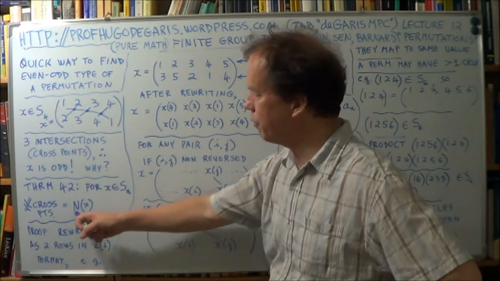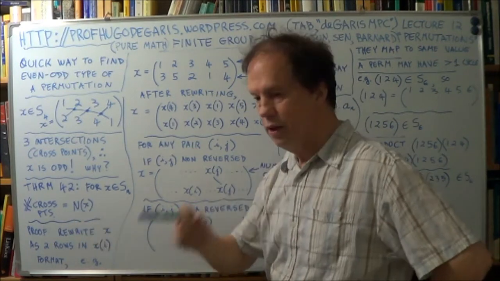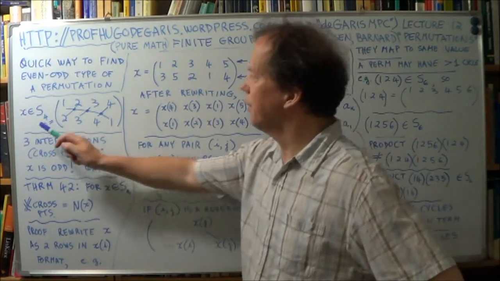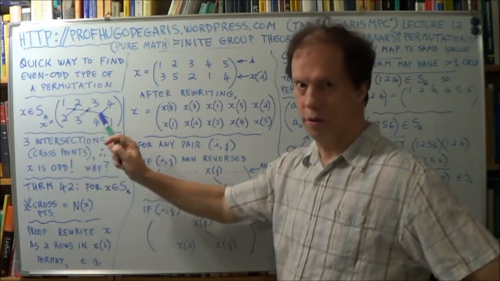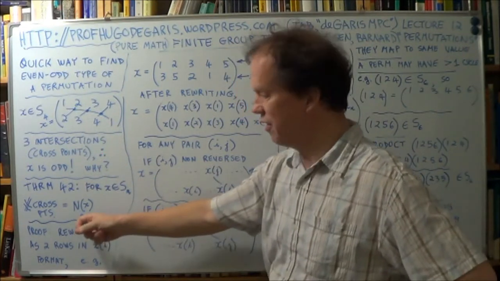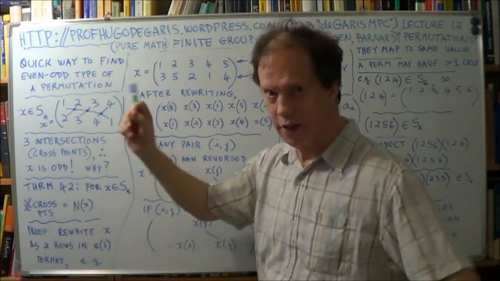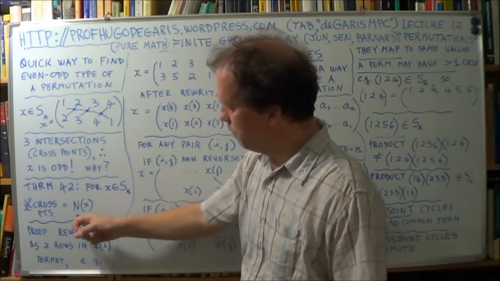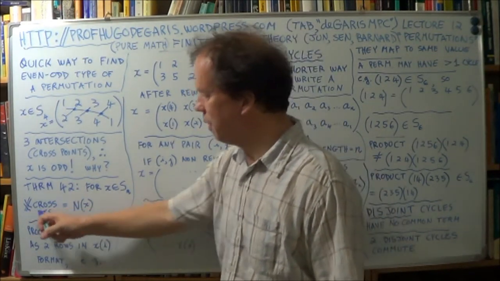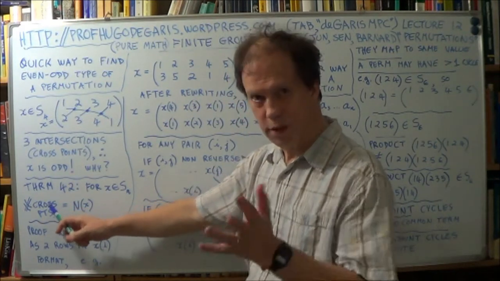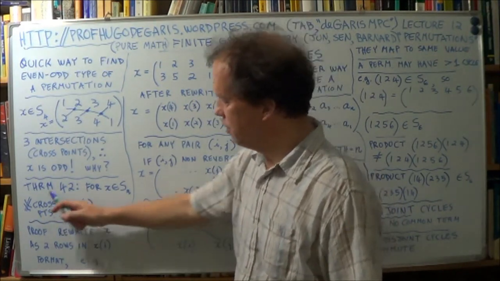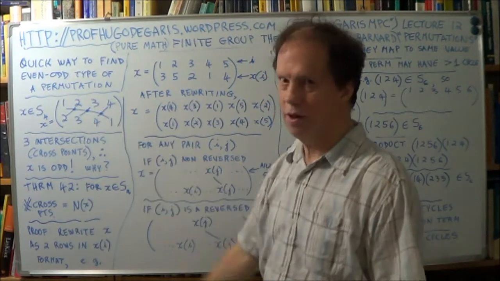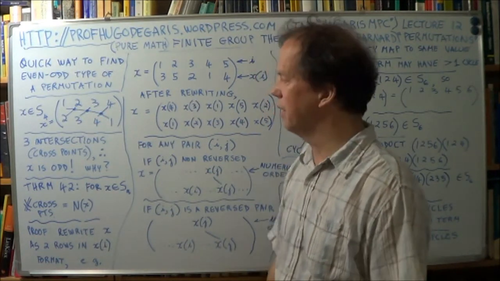Because remember, the number of reverse pairs is what you use to define whether a permutation is odd or even. You use that in the very definition of evenness and oddness. But if the number of reverse pairs is equal to the number of cross points, using this method is so much faster and more convenient.